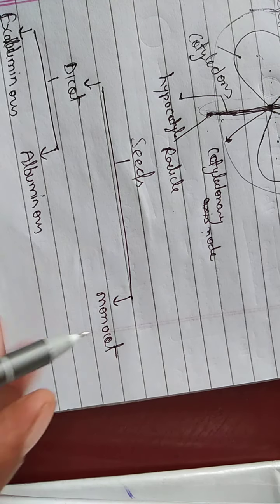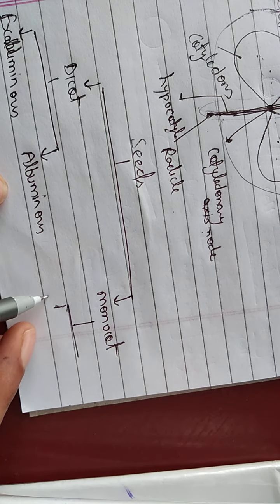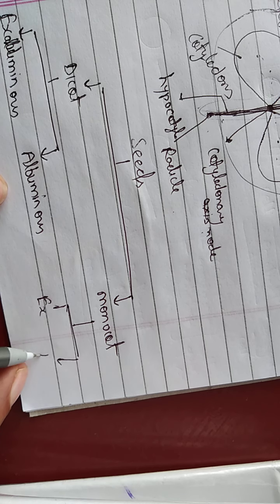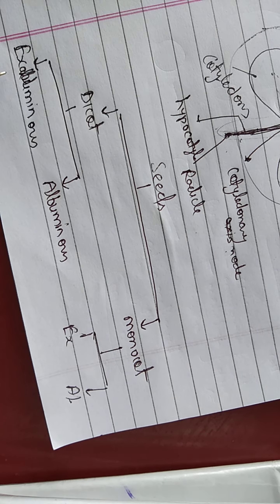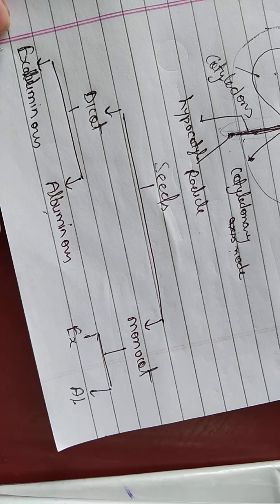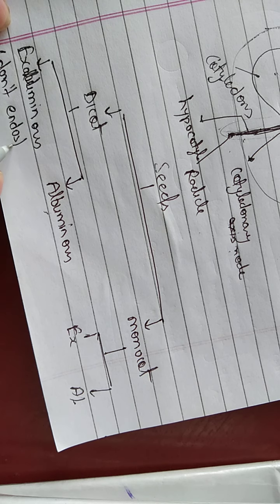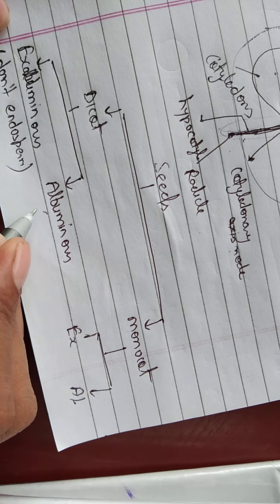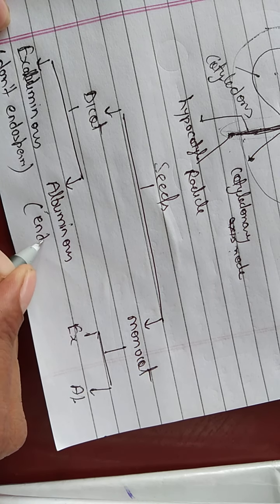Monocot is again of two types, exalbuminous and albuminous seed. Exalbuminous is a seed where endosperm is not present, so it doesn't possess endosperm, and albuminous seed possesses endosperm.